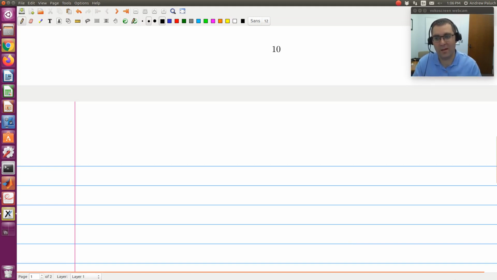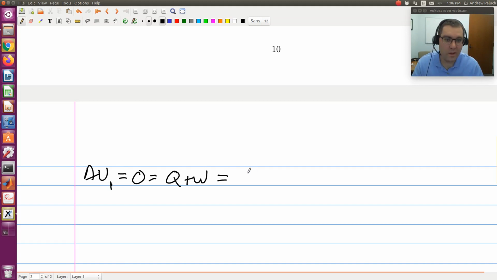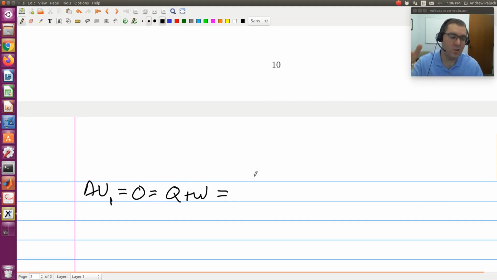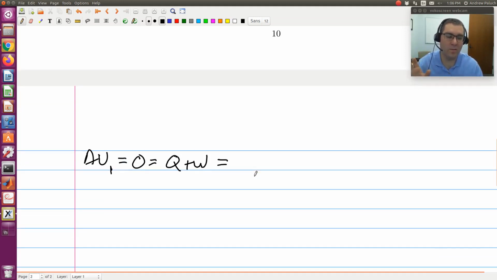When it comes to analyzing my cycle, I write down my first law balance: delta U1 is equal to 0, and that's equal to Q plus W. Here Q represents heat exchange with both my hot and low reservoirs. This is my net heat exchange, so this corresponds to QH1 plus QL1, and W1 is my net work exchange, so plus W1.